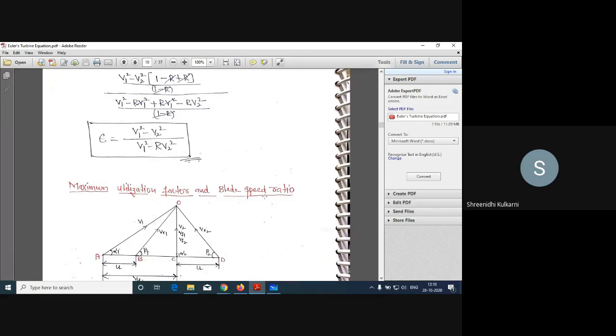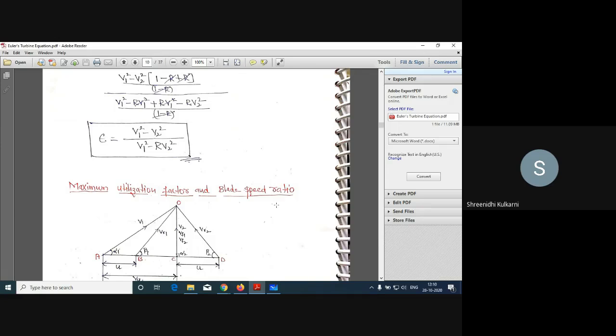In hydraulic turbines, this blade speed ratio is very important, because you will get a question: design a Pelton wheel.